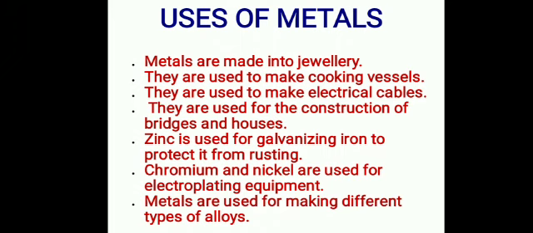Then zinc is used for galvanization, to protect iron objects from rusting. Chromium and nickel are used for electroplating equipment. And metals are used for making different types of alloys.